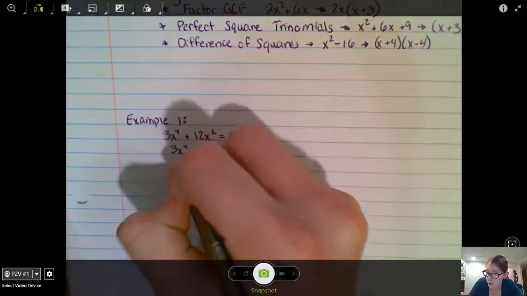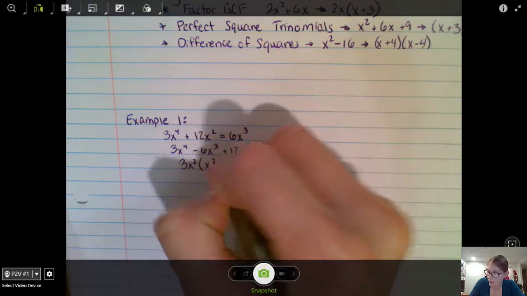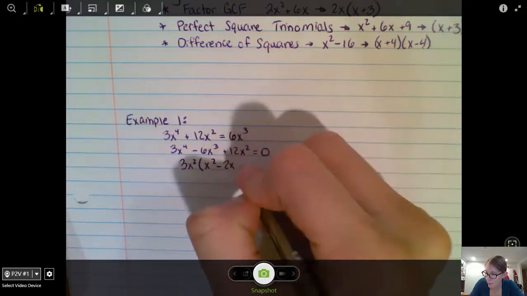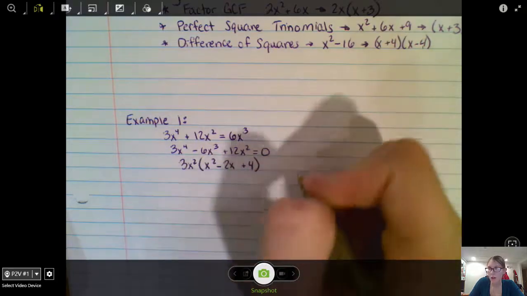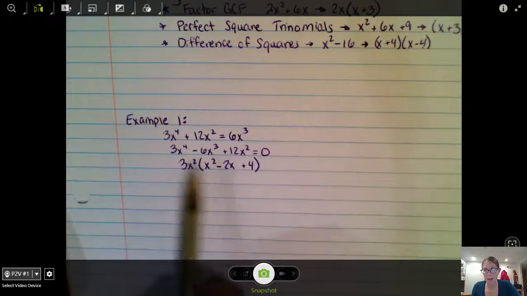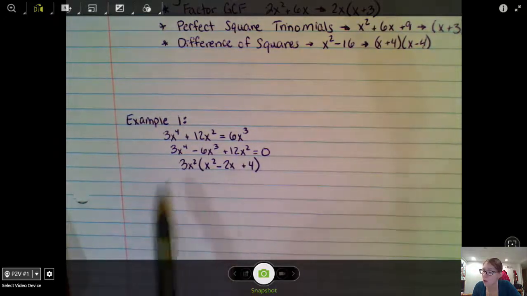So let's factor out 3x squared times x squared minus 2x plus 4. Don't forget that after you factor something out, you can always distribute it back just to make sure that you factored correctly and you didn't miss a sign somewhere along the way.